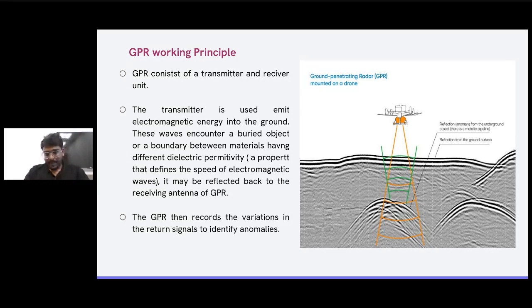They get reflected back from objects underneath the surface, such as rocks, pipes, or whatever is lying beneath. These signals are then analyzed by the radar system to understand what it is and where the location of these anomalies is.